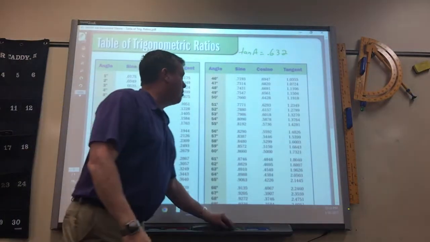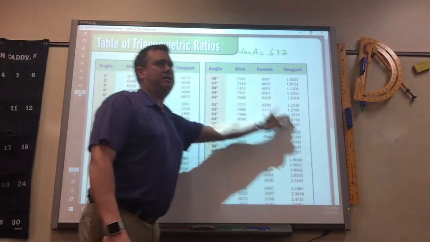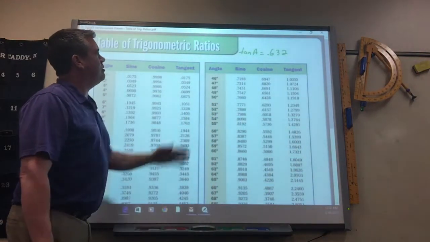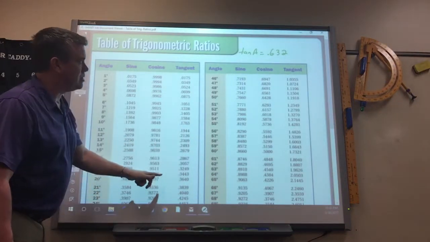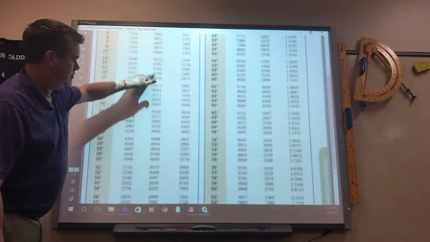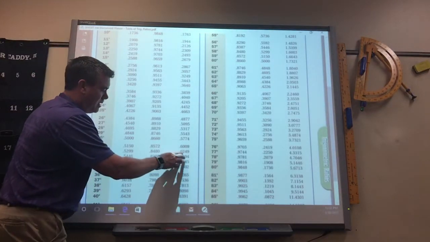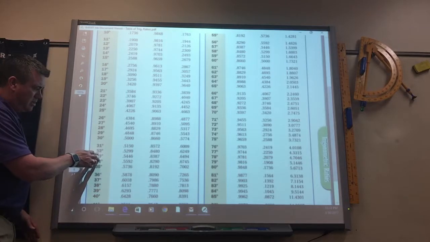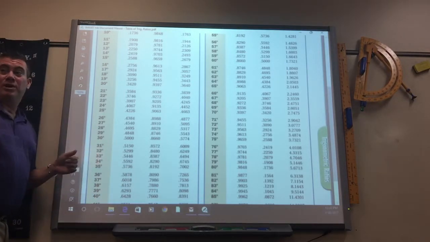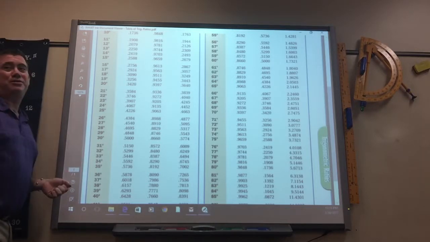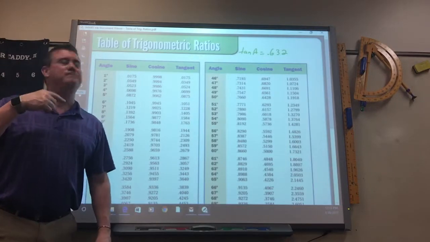Okay, now if we look down here on this sheet, we would want to find which one of these in the tangent is closest to 0.632, which would be between these two, right? So that means it would be between 32 and 33. So we'd estimate it. What is it? 32.3. So you figured out already, or you remembered how to do it?